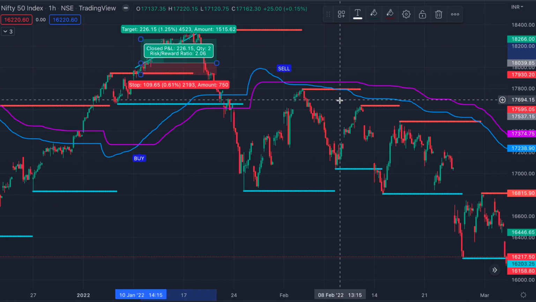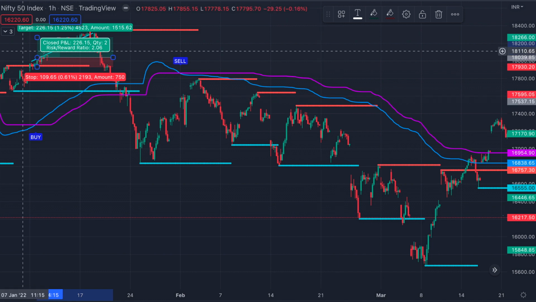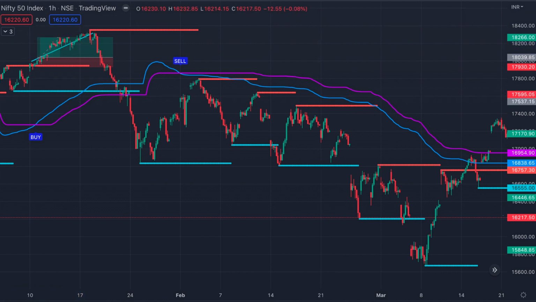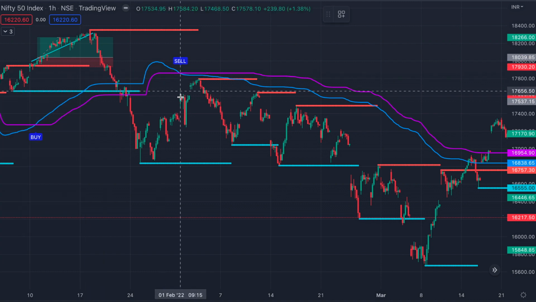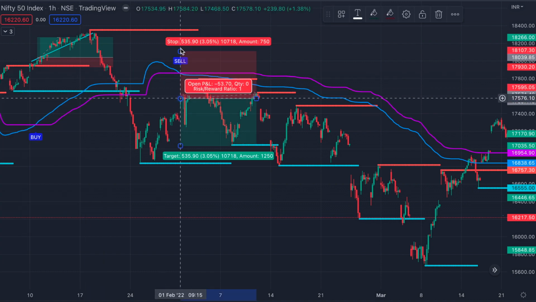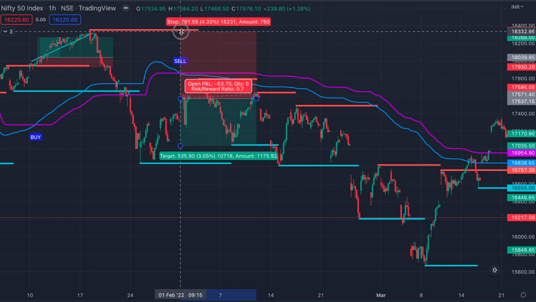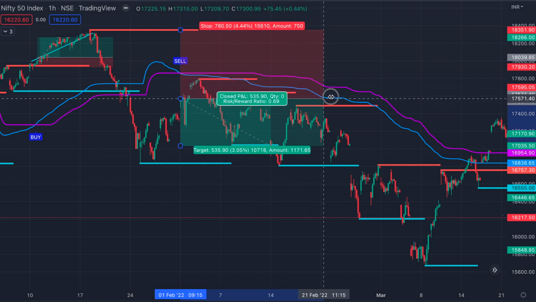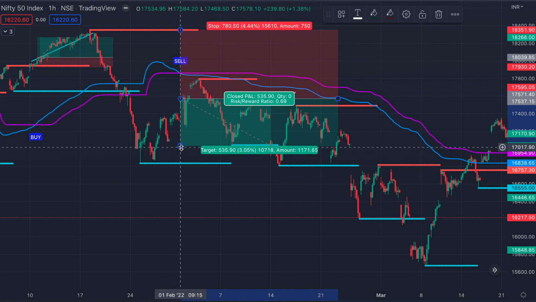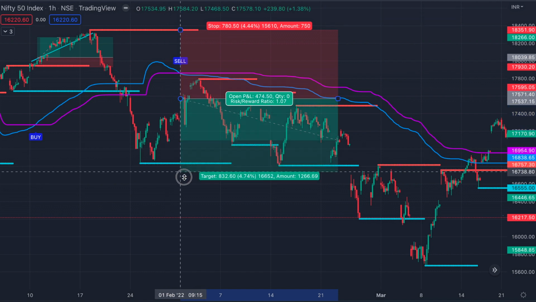Now let's take a look at this sell signal right here. Okay, so we'll open a short position over here. This is our sell signal right here. Stop loss is right here, and let's see what is the risk reward ratio for this one.